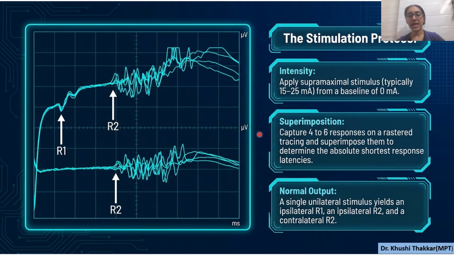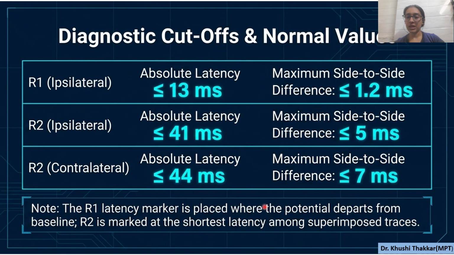To stimulate and find this, we apply a supramaximal stimulus ranging between 15 to 25 milliamperes from a base of 0 milliamperes. The normal output which we should get from a single unilateral stimulus is an ipsilateral R1, because that comes via the pathway of the pons main sensory nucleus, an ipsilateral R2, and a contralateral R2, which comes via the pathway of the pons and lateral medulla via the nucleus of the spinal tract.